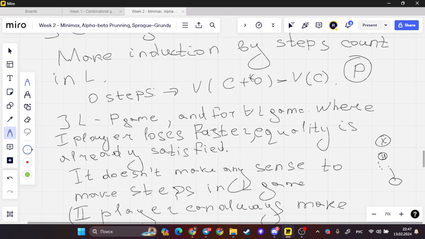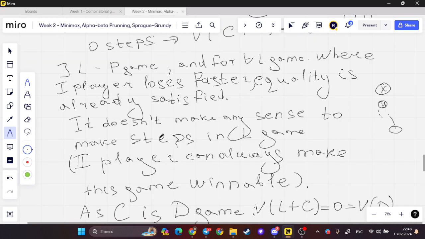Okay, we suppose it, and notice that we have L and C games. In these games we must make a move. If we move in the L game, it doesn't make any sense because we have the LSP game, and we just transform our game to the N game.